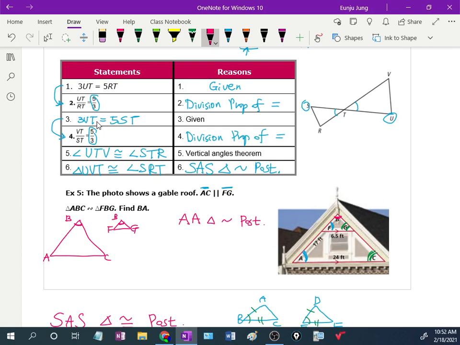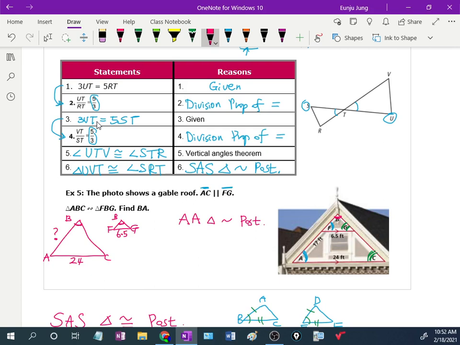So what is the question? Find BA. Where is B? Where is A? The whole thing, right? So that is the question. So let's take the ratio between big triangle and small triangle. So I can use the base of that triangle, and then we can calculate, right?